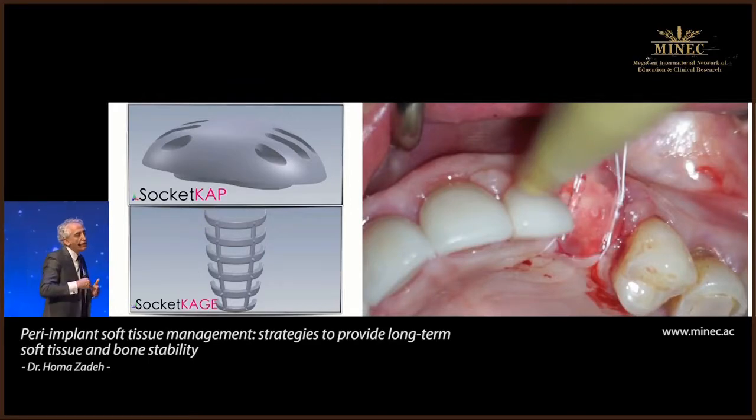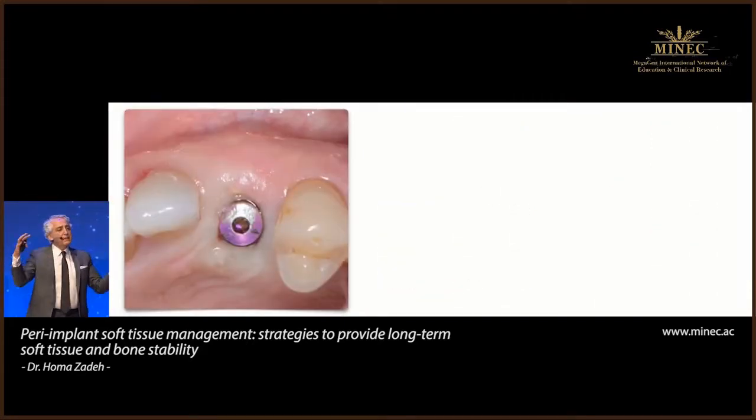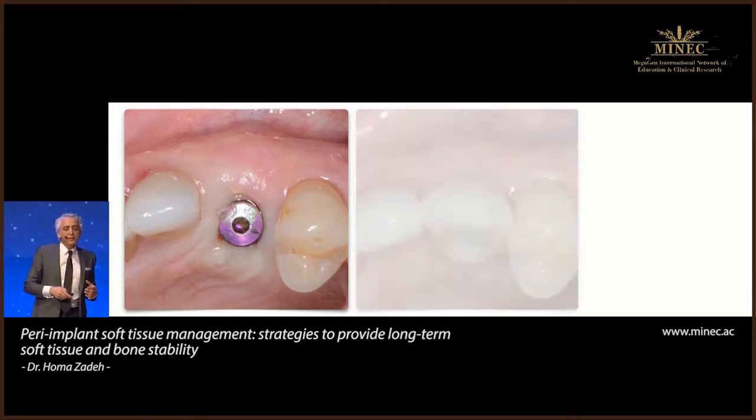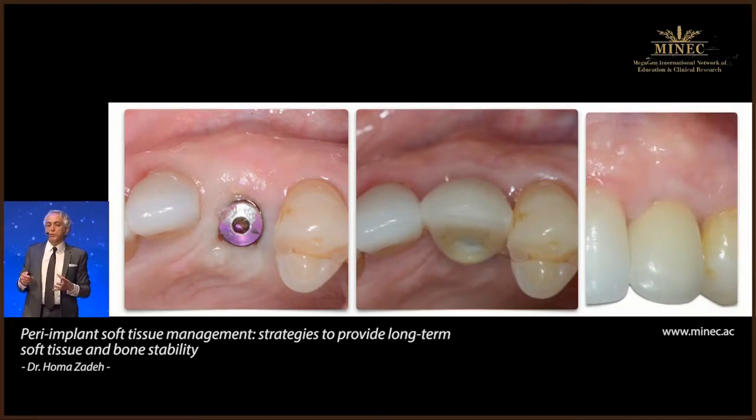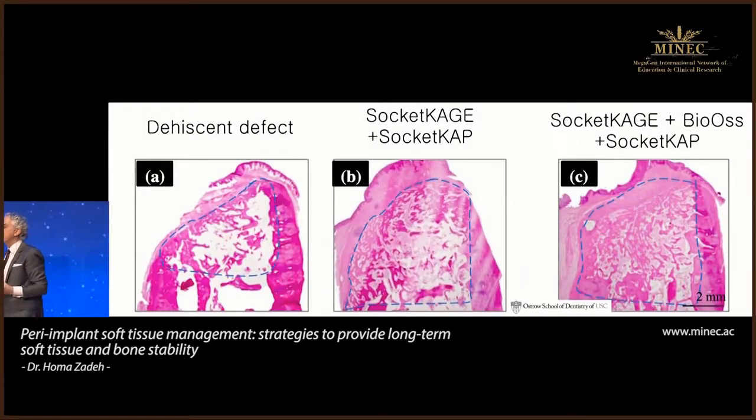In this case, the bone loss continued way beyond the apex. So with the ridge preservation, you can see we maintained a very nice contour, so we came back and placed the implant after the healing. And then you can see we have good tissue, we have good bone with this implant that was placed in this way. And we have the histology.